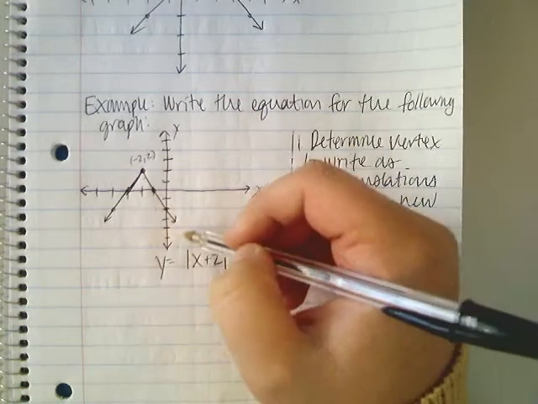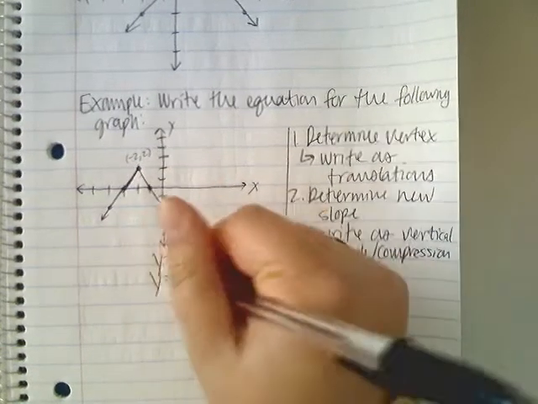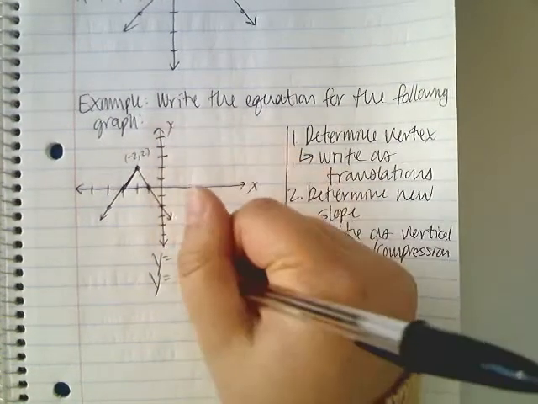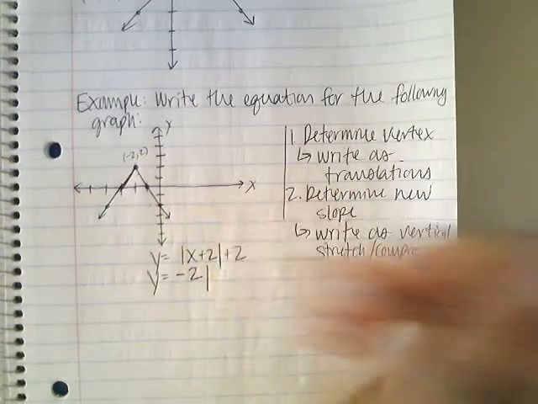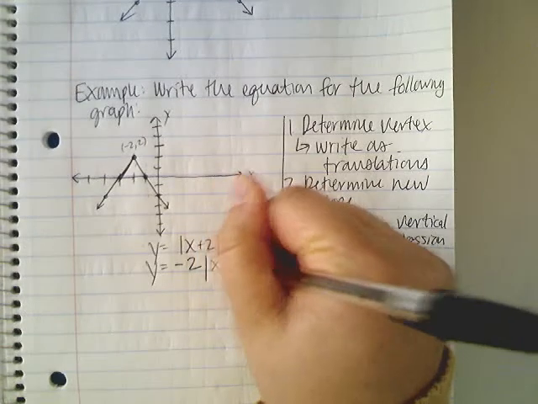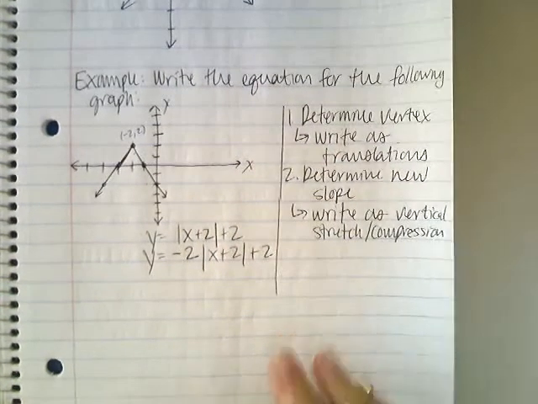And it's opening downwards, so I know it's going down. I have a vertical reflection, so I have negative, and then it's going 2 instead of 1, so it's going to be negative 2 as my vertical stretch, x plus 2 plus 2. So that is my new equation.